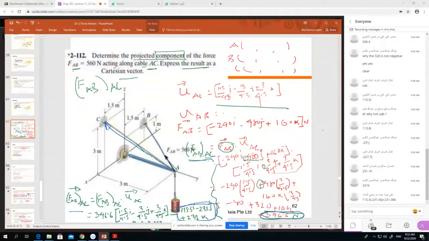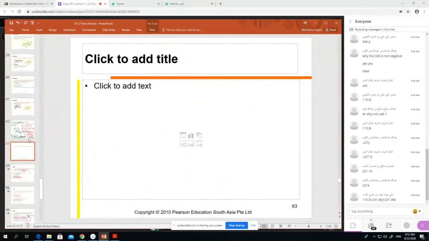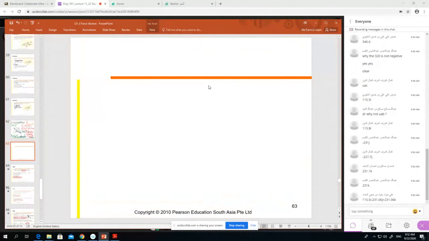Here Abdullah Saleh asked one question: why not AB? When I was teaching this, I told you many times: suppose this is a vector A and this is the x-axis.